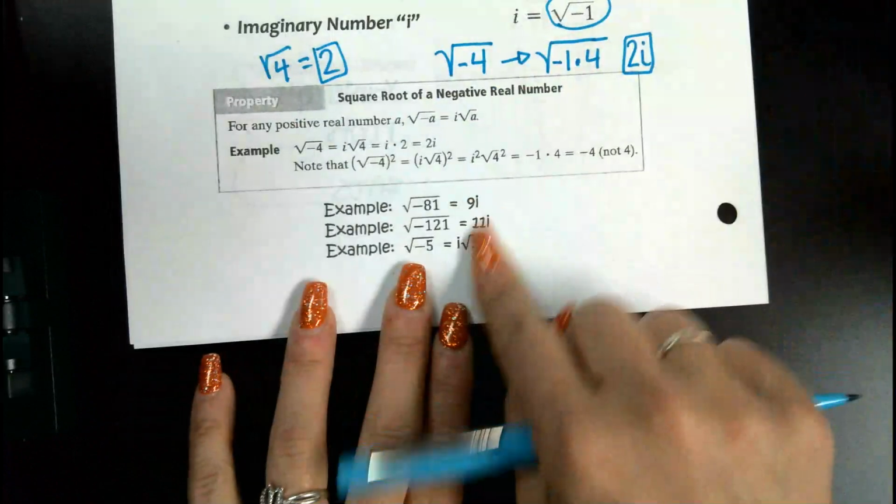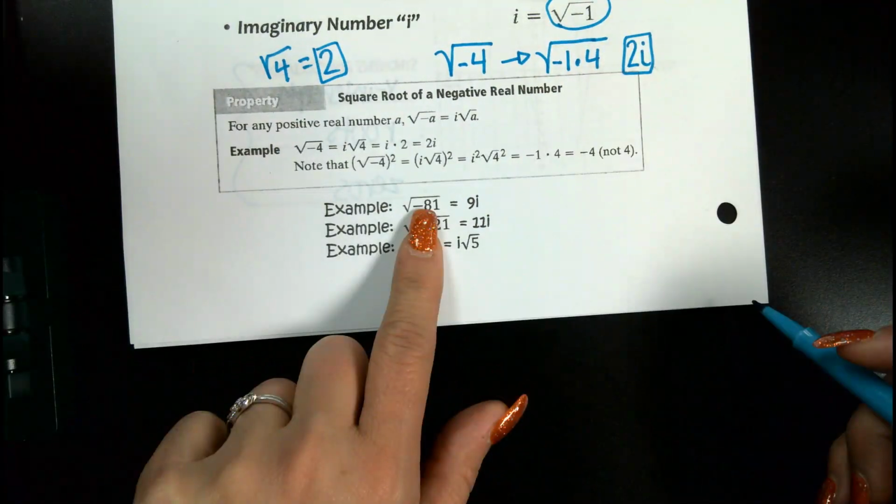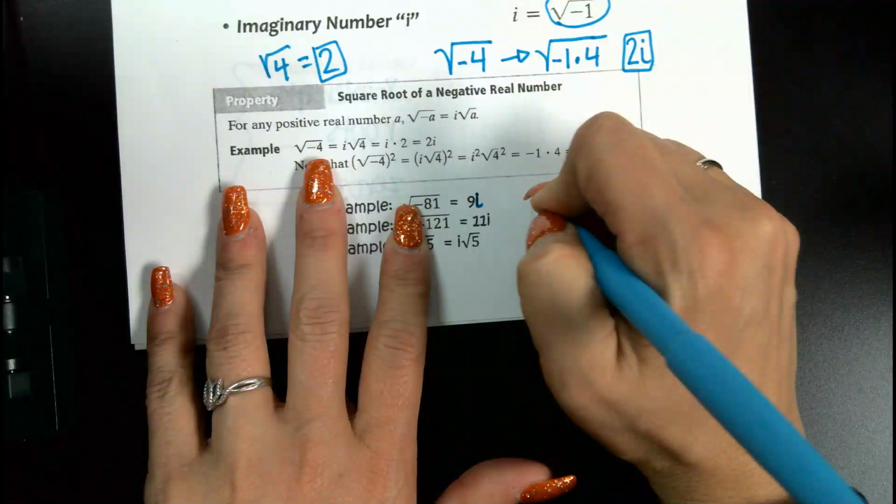So here are 3 more examples down here at the bottom. What's the square root of -81? This negative sign, see the letter i next to it? It's just 9i instead of 9. It's like having the square root of -1 times the square root of 81.